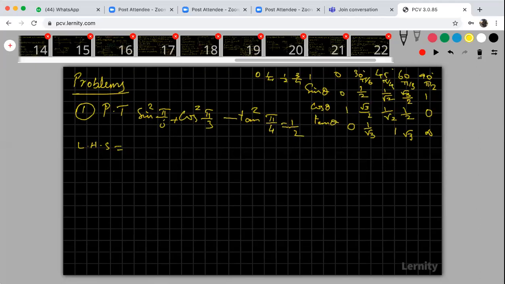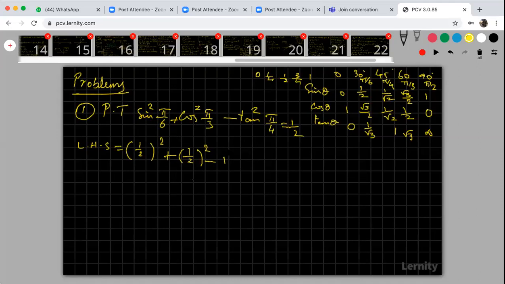Okay, now come to sine pi by 6. Sine pi by 6 is sine 30, that is 1 by 2, and squared that is 1 by 4. Plus cos square pi by 3. What is cos pi by 3? That is also 1 by 2. See the table. Minus tan pi by 4.